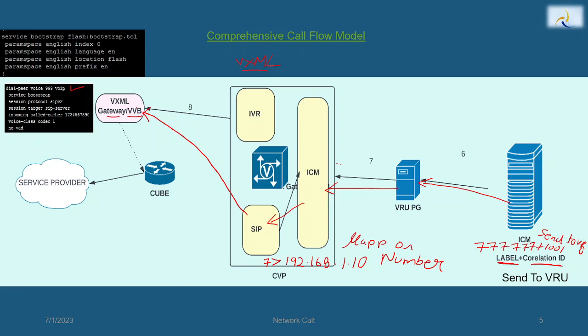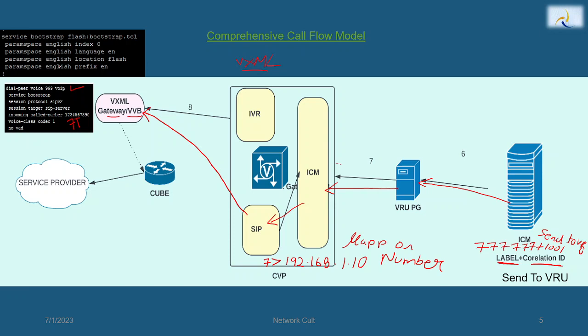For admitting the call into the VXML gateway, we have an inbound dial pair and it matches an incoming call number, that is, in our case, 7T. That is 7 followed by any digits up to 32 digits.